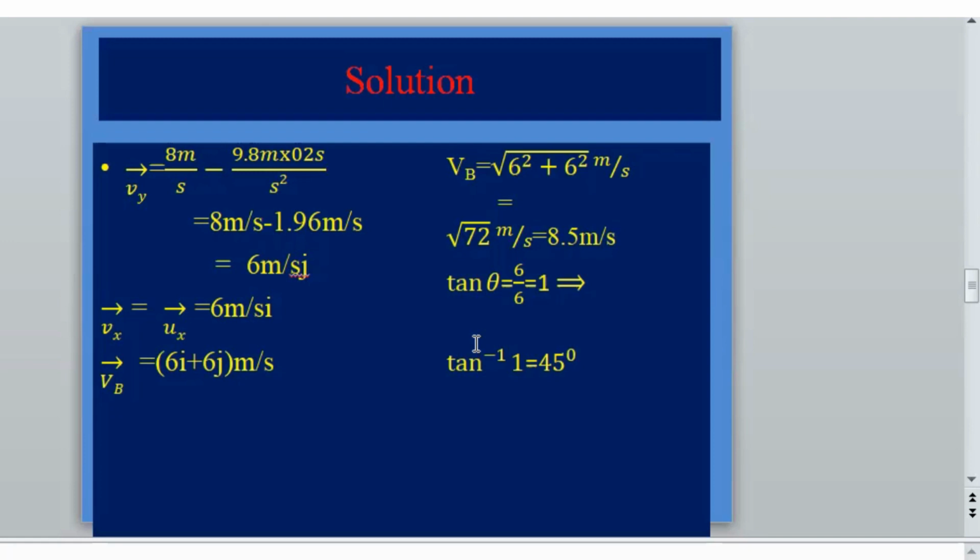And the direction of the velocity: tan theta equals the vertical component of velocity over the horizontal component of velocity, which gives 1, and the tan inverse equals 45 degrees. So the direction of the resultant velocity is 45 degrees from the horizontal.